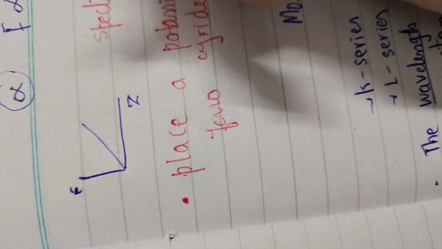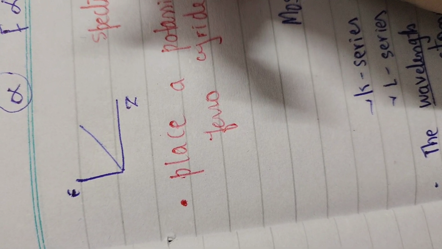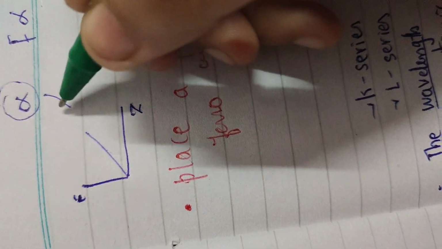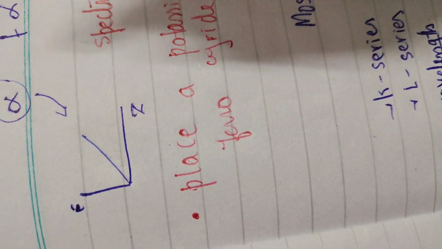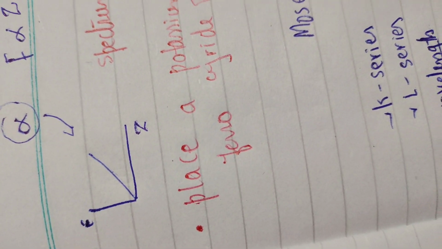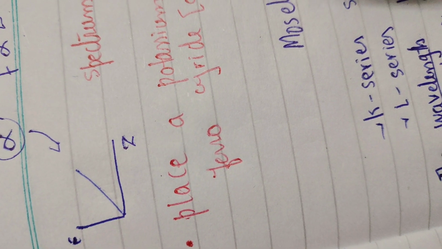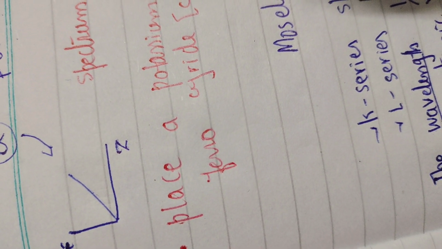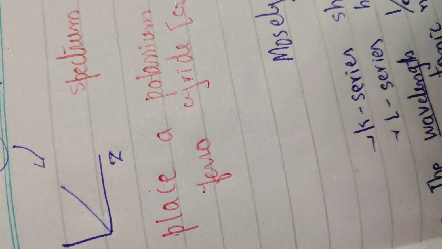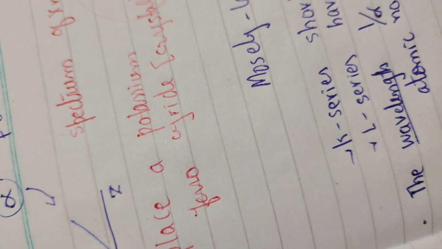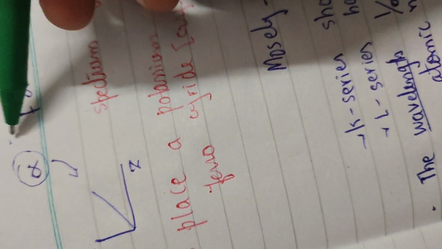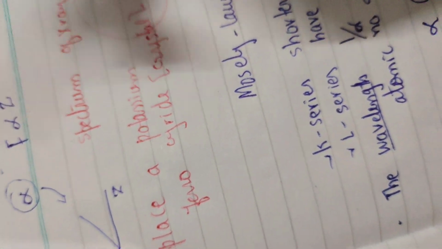But always remember, for constant quantities there is no graph. So we can say that when the frequency of the X-rays increases, the atomic number also increases. This shows the direct relationship.